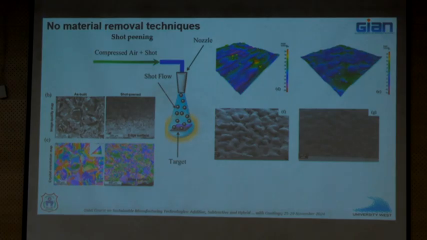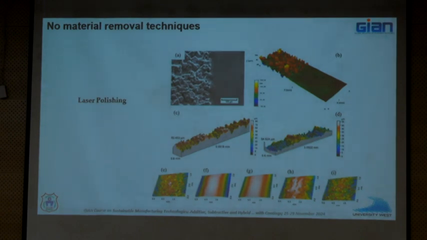What is the material of the shot? All of these make a difference. But as you can see here, you clearly get substantial grain refinement. And the other thing which is not shown here is some of the residual stresses that we are talking about. Even those are alleviated during this process. So quite a few benefits actually.